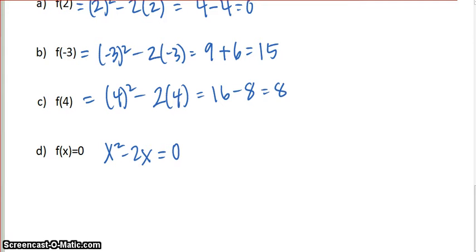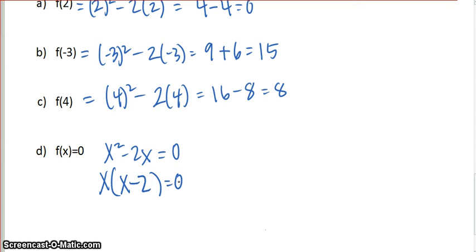Oh my goodness, we're solving by factoring. Our first step is we need to make sure it equals 0, and it's already equal to 0, so we're good. The second step is factor. We always try to factor out the GCF first. What's the GCF? I paused to see if you would actually answer. Hopefully you said x, or if you're in class, you think about x in your head. If you factor out x, you're left with x times x minus 2 equals 0.